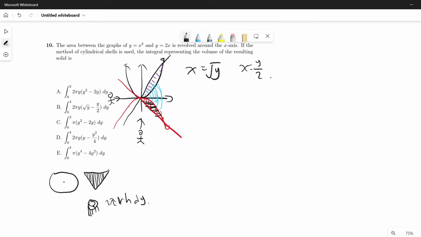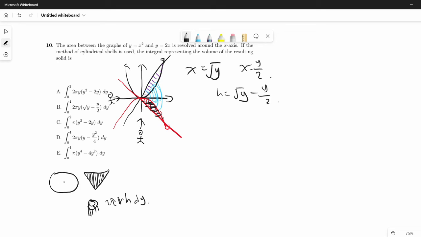And now we can say that the cylindrical shell height is really the top minus bottom. So say h equal to square root of y minus y over 2.